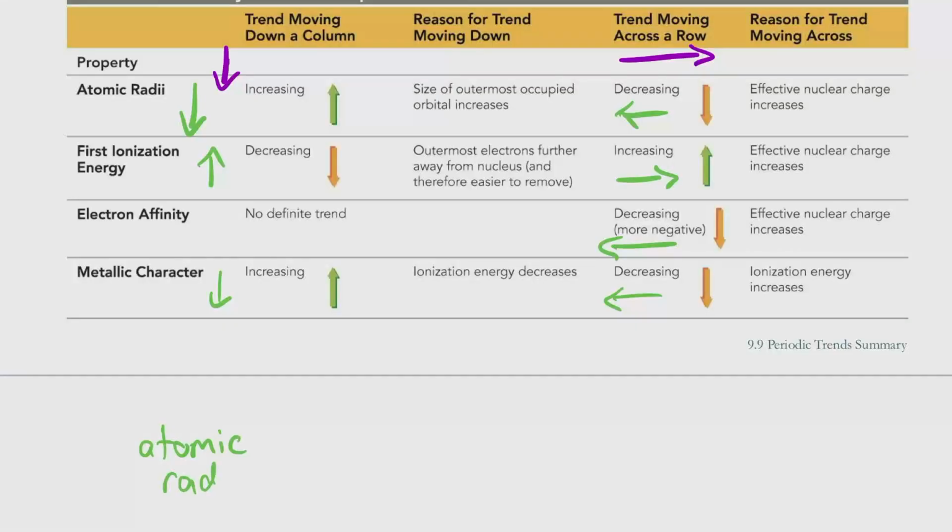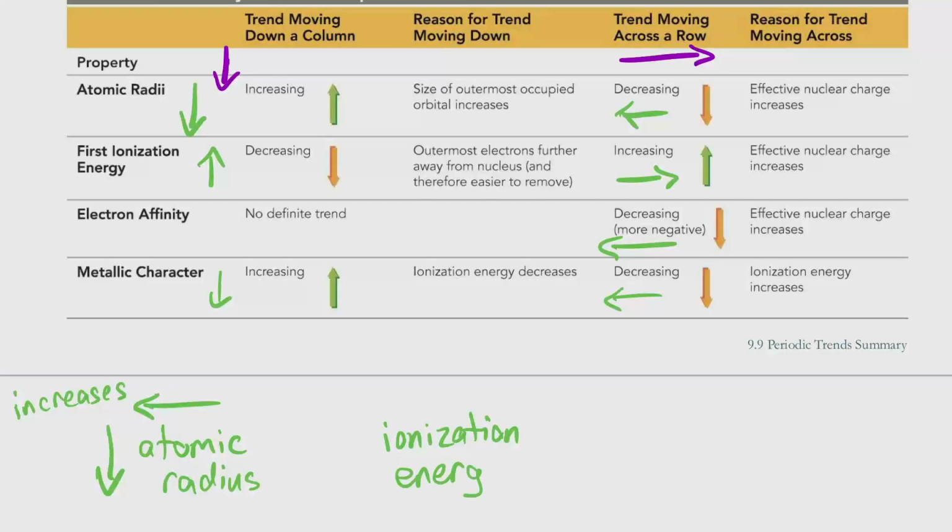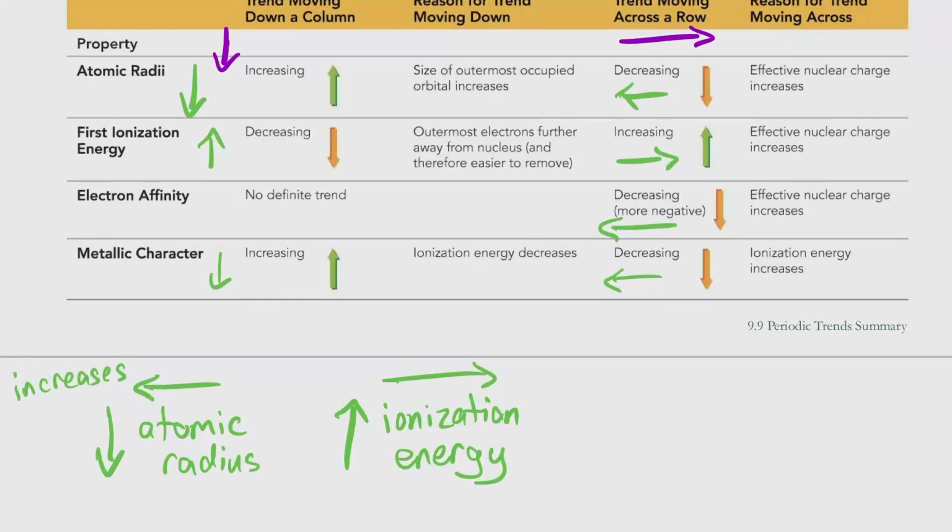So atomic radius, our trend, increases down and to the left. Ionization energy, first ionization energy, not second or third or fourth, increases as you move towards helium.